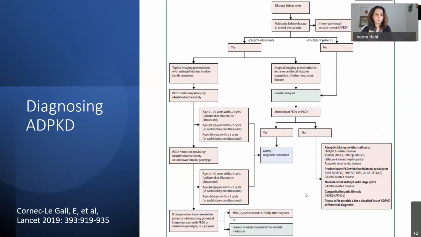And also important to think about are patients who have PKHD1 mutations, but may present at an older age because they have a relatively mild mutation. And for patients without a family history, this is equally important. It may be reasonable to consider genetic analysis up front to see if they really truly have a mutation in either PKD1 or PKD2.